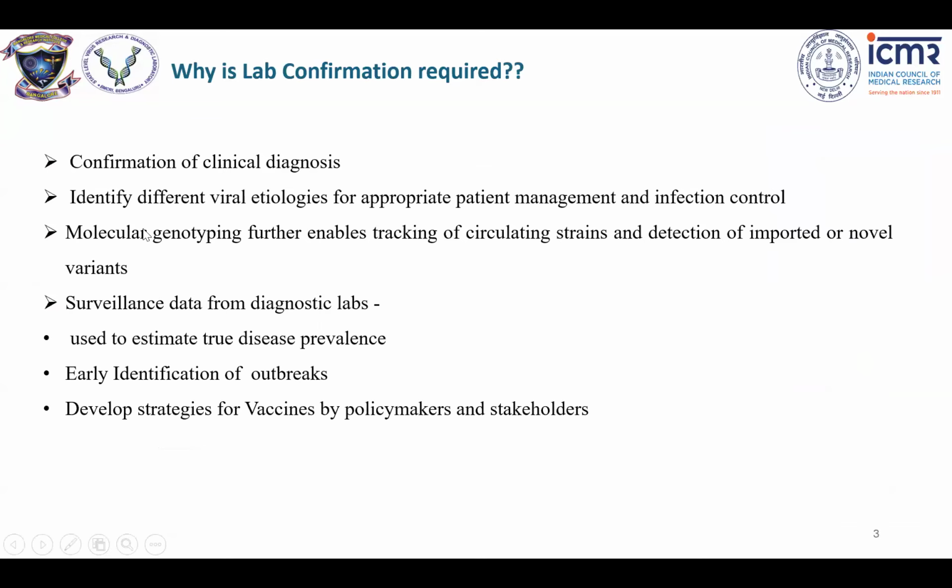Genotyping achieved by molecular diagnosis further enables tracking of circulating strains and detection of novel variants. The surveillance data generated from these diagnostic labs can be used to estimate the true disease prevalence in the community. It helps in early identification of outbreaks, and also in developing vaccine strategies by policymakers and stakeholders.